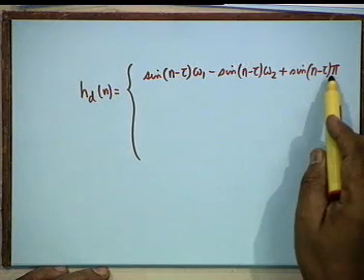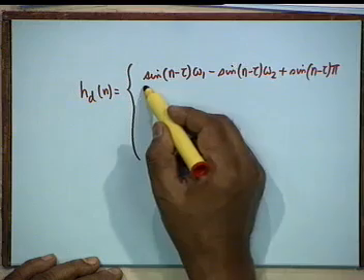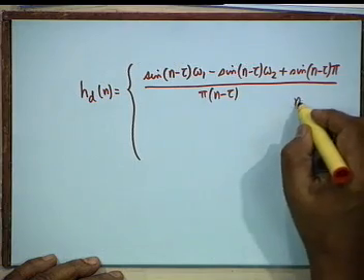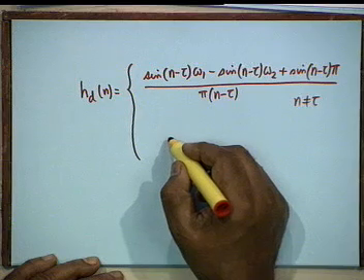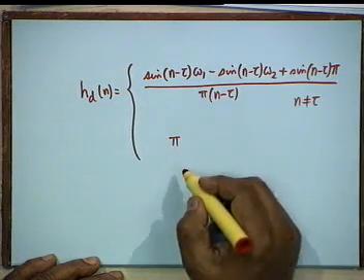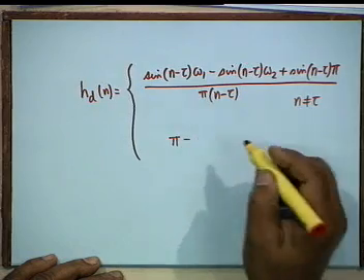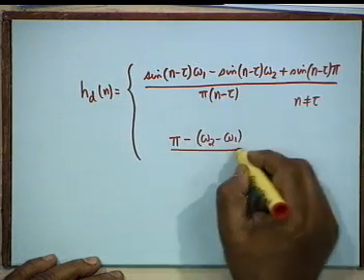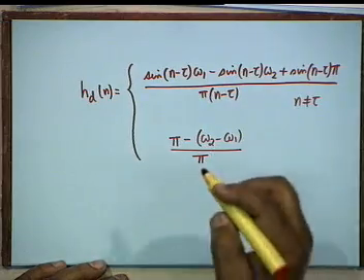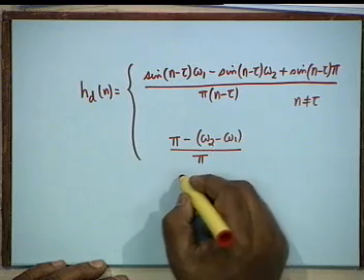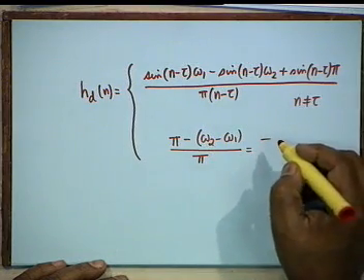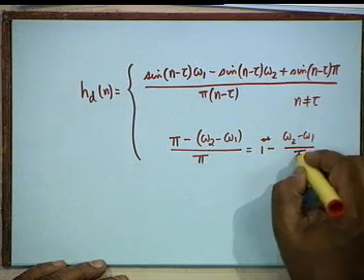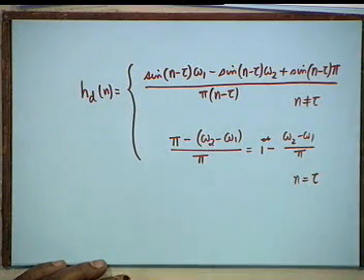It will disappear if tau is an integer, divided by the same quantity pi n minus tau. This is for n not equal to tau. For n equal to tau, it is pi minus omega 2 minus omega 1 divided by pi, that is equal to pi times 1 minus omega 2 minus omega 1 divided by pi, if n is equal to tau.